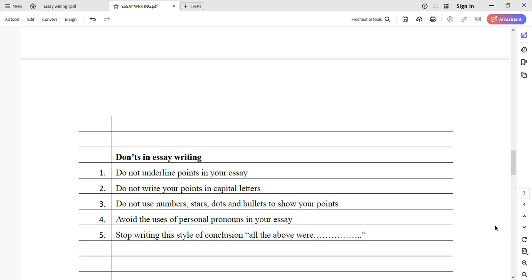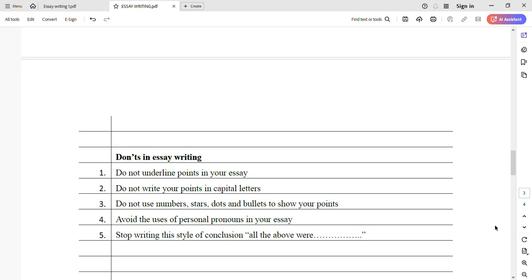Another, do not write your point in capital letters. Again, for emphasis, kids used to write the whole title of the point in capital letters, which is not necessary. Do not use numbers, stars, dots, and bullets to show your points. Some kids assume that as markers, we will not see the points, so they put Roman 1 point, Roman 2 point, or A, B, C, D points, or dashes.